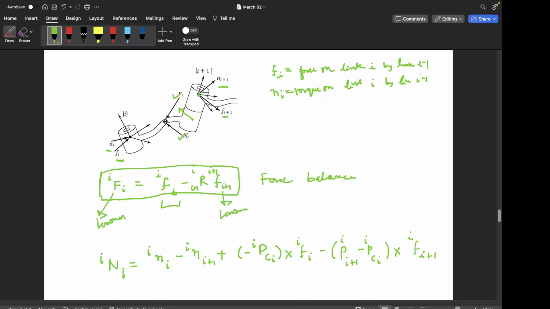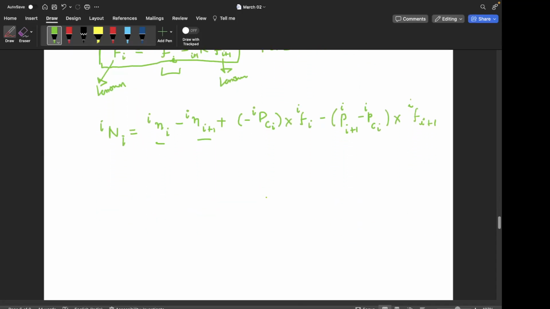So Ni is taken care of, and there will be a reaction torque due to Ni plus 1, that is taken care of. Like two terms here. What will these forces do? This Fi and Fi plus 1 will also have some moment around the center of mass. That's what we are writing here.